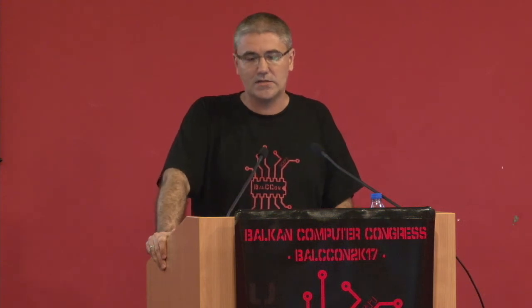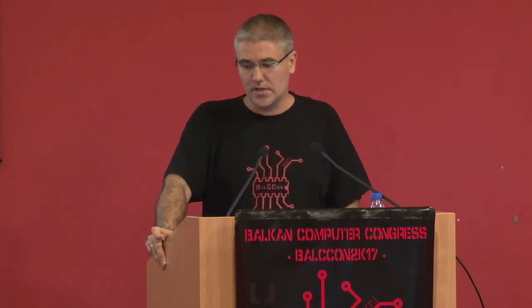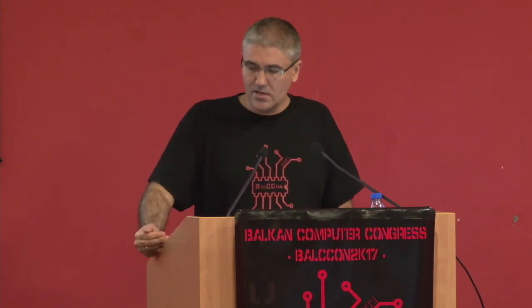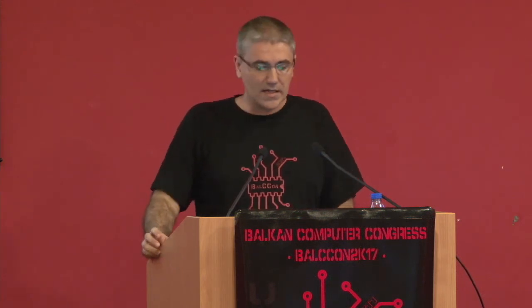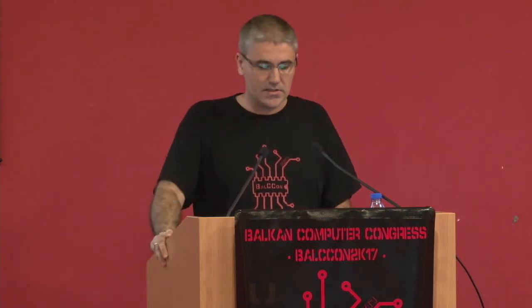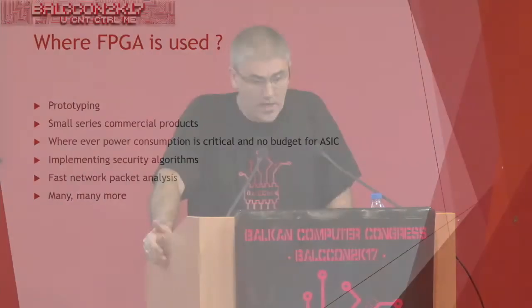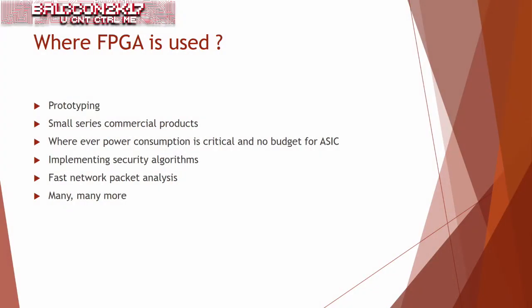You can't do that by using some CPU because you don't have enough time. Basically, you need to put an FPGA, take the network data directly, do the analysis, see if this is for your part, and then just propagate that to your NIC. And we have, of course, many other more usable places.